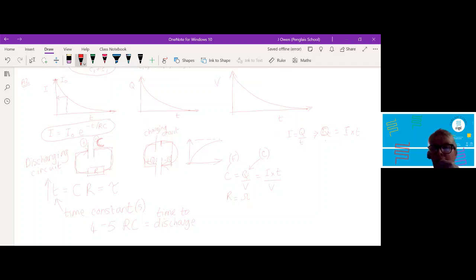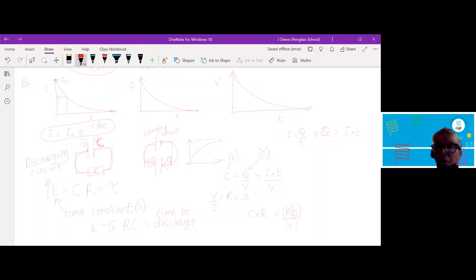So can I do anything here? I think I can. You know that resistance is equal to voltage divided by current. So if we have the product of capacitance times resistance, the capacitance is given by current (amps) times seconds, in brackets so that I've got the units, over volts.